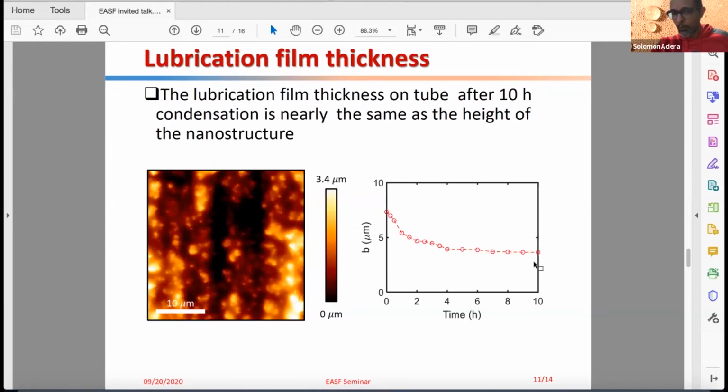Two important results: the first one is the height of the microstructure is about 3.4. Initially I have an overlayer that's depleted by the droplets, but in the later hours, the oil recedes into the nanostructure and remains there, immobilized by the nanostructure, and it's almost the same.